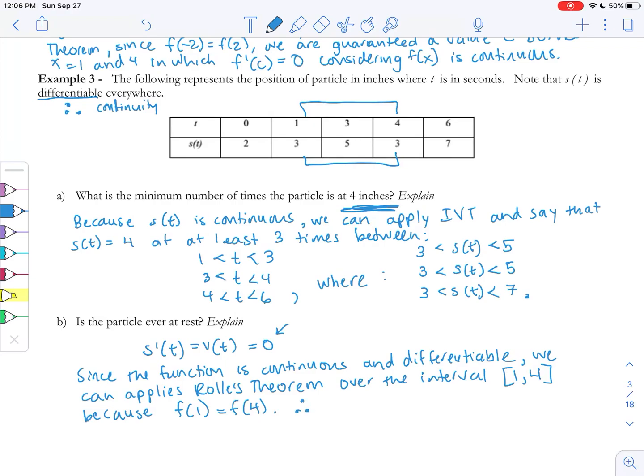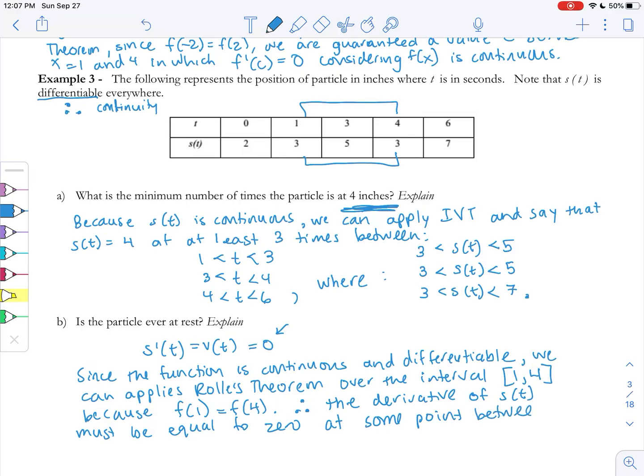So therefore, the derivative of s of t must be equal to 0 at some point between 1 and 4.